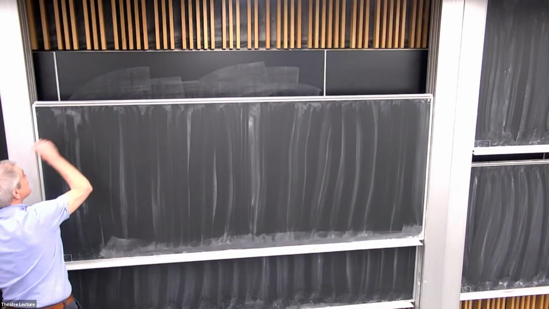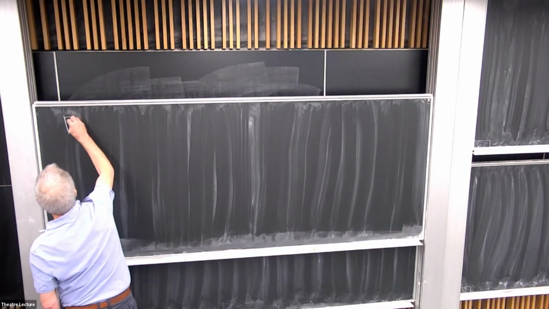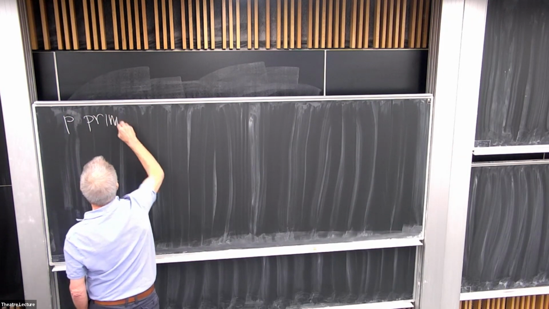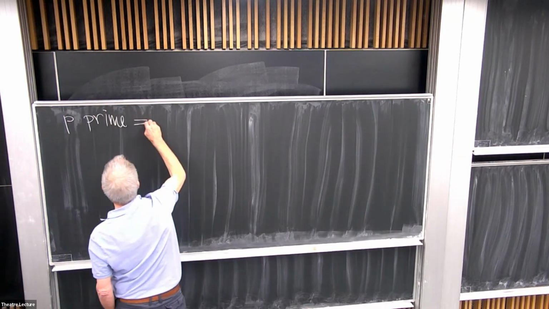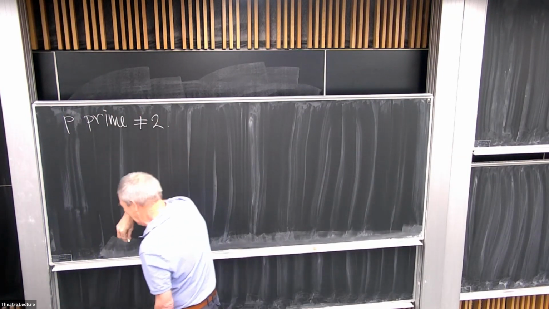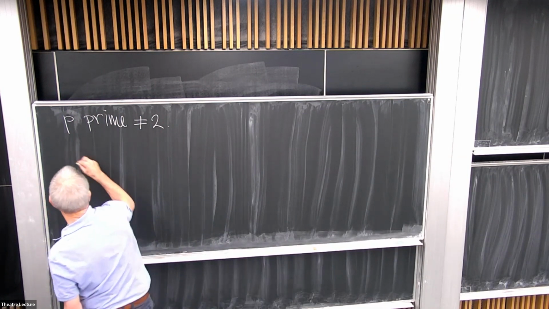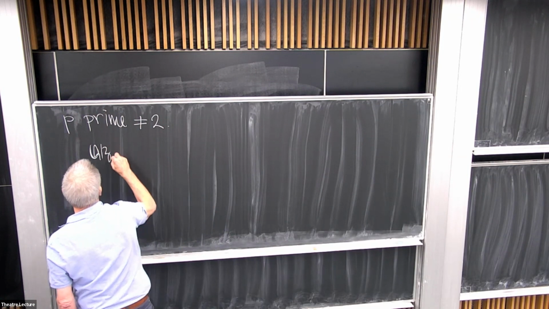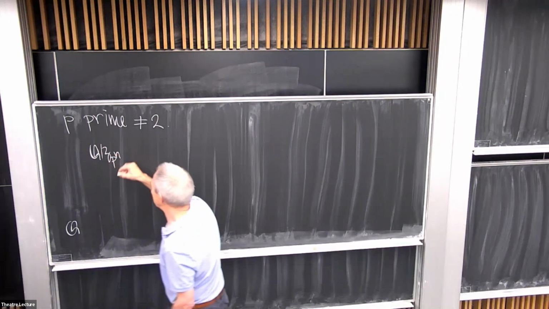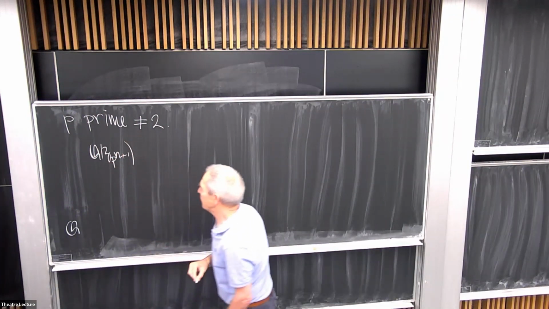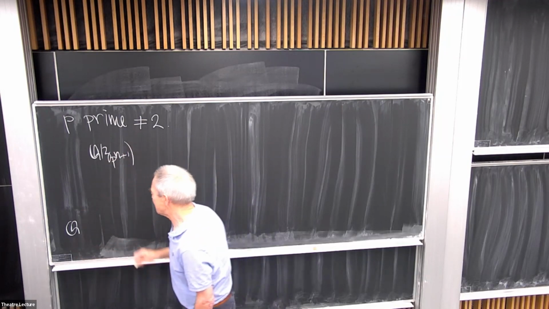Let me explain what a cyclotomic Z_p extension is. I take p a prime, different from 2 to simplify matters. Then there is the cyclotomic field, generated by a p^(n+1)-th root of unity. This is an abelian extension.